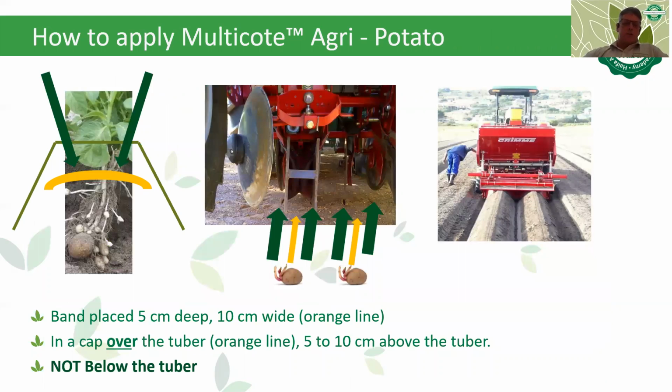On potatoes specifically, if you have your seed opener, if you look carefully, you can see these green arrows showing where the coulters are dropping the fertilizer, and the seed will be here, this orange line in the middle. The fertilizer has been put on either side of this opener. And when your disc closer comes to form the ridge, it's basically mixing all that fertilizer in this band over the Multicote, over the tuber.